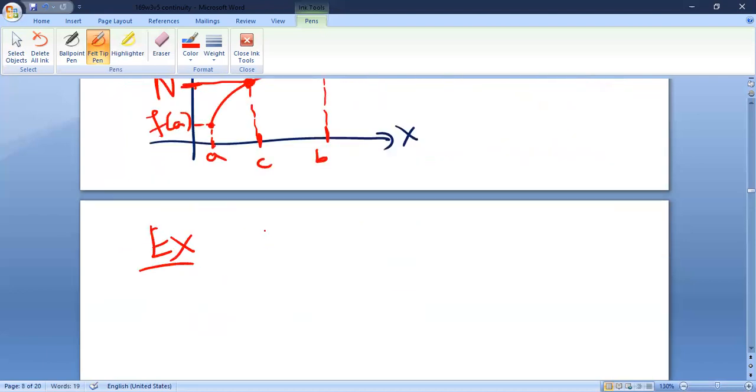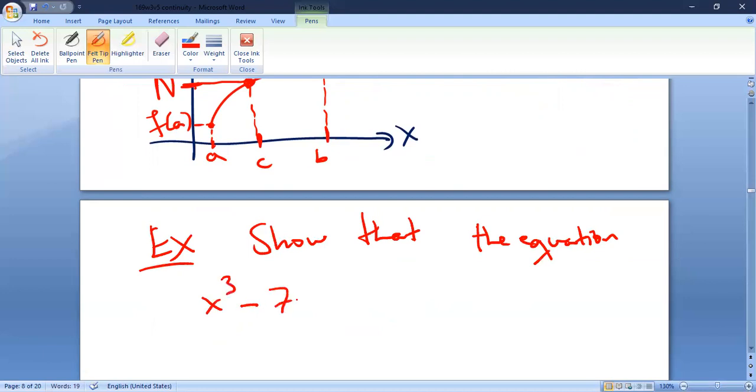This is an example. Show that the equation x cubed minus 7x plus 1 equals 0 has a solution.